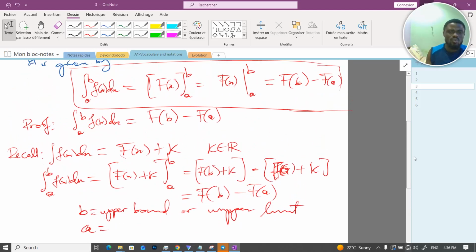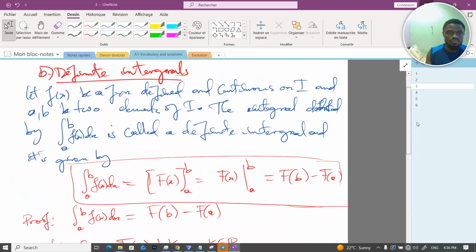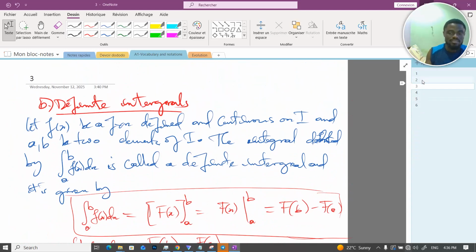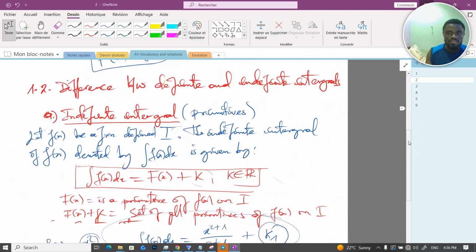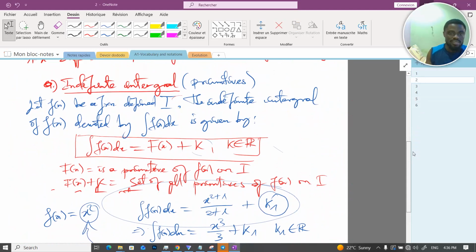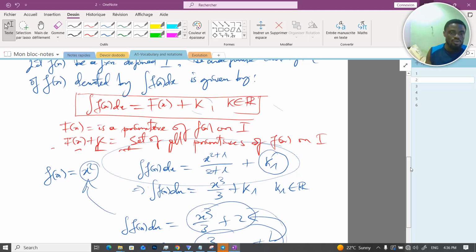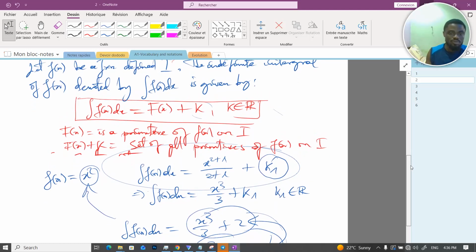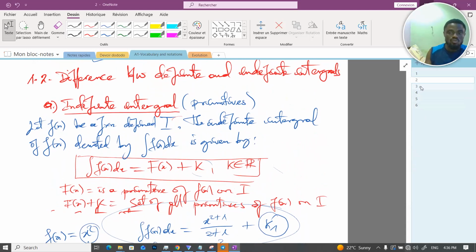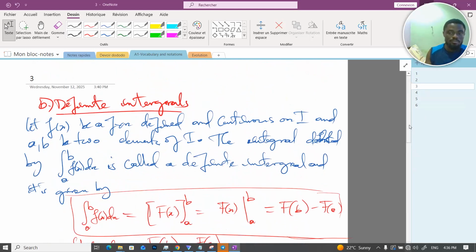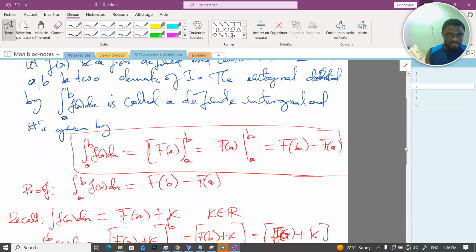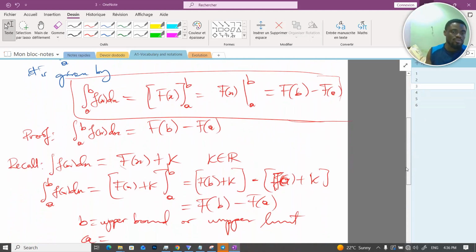So that's basically what you need to know in terms of definite and indefinite integrals. As I said, an indefinite integral, also called primitive, is whenever you are asked to find an integral without giving boundaries. And whenever boundaries are given, you are in a situation where you are finding what?